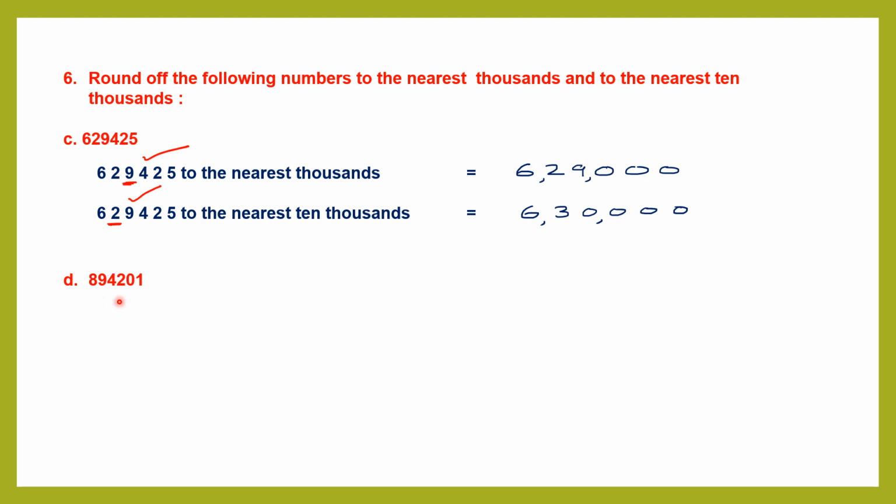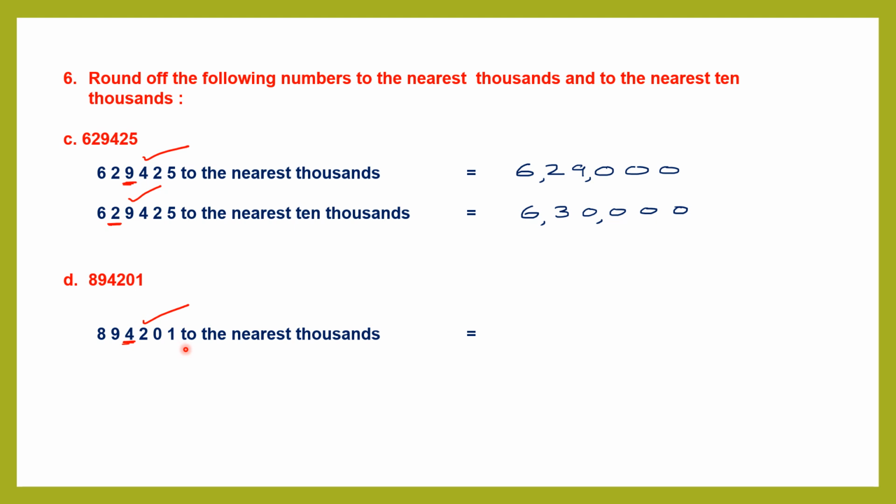Next we have another number. Let's round it off to the nearest thousands. So in the thousands place, ones, tens, hundreds, thousands. What do we have? We have 4. Now look at the digit to its right. It's less than 5. So 4 will not change. It will remain the same. The digits to its left will remain the same.